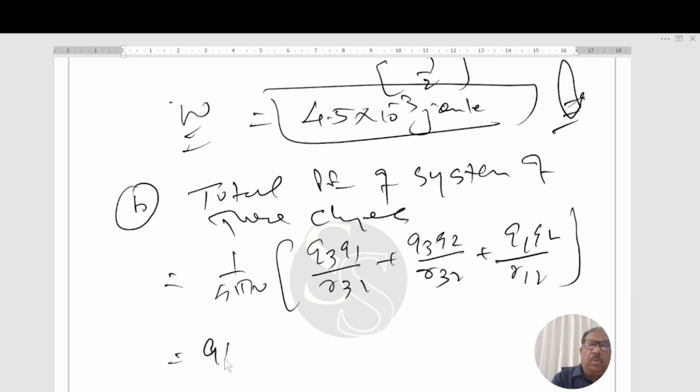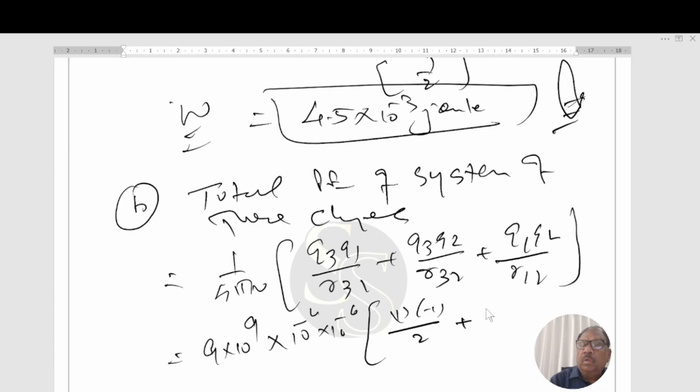That is 9 into 10 to the power 9 into 10 to the power minus 6 into 10 to the power minus 6 upon 1 into minus 1 upon 2 plus 1 into 1 upon 1 plus 1 into minus 1 upon 1.